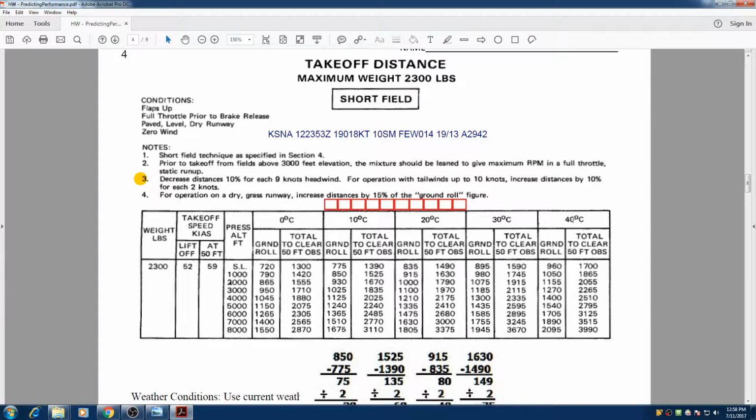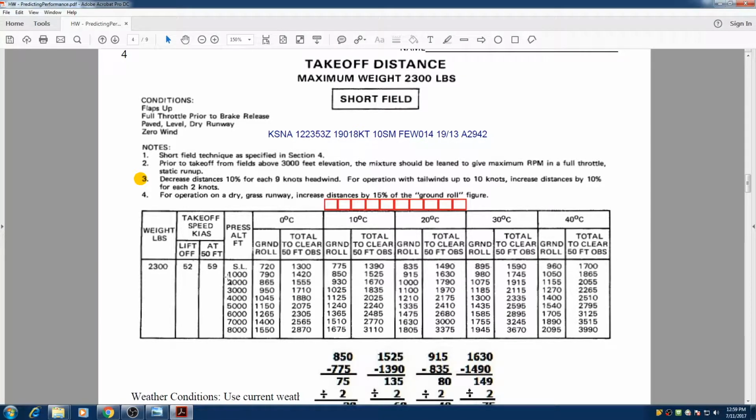As the air gets warmer, we need more distance to rotate and become airborne. If it's cold weather, just 0 degrees Celsius, we need just 720 feet of runway to take off at sea level, versus 1,700 feet, almost 3 times bigger, when it's 40 degrees Celsius. It's a very hot day, we need more runway.